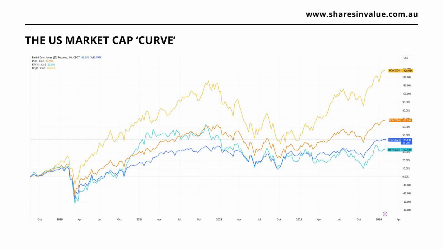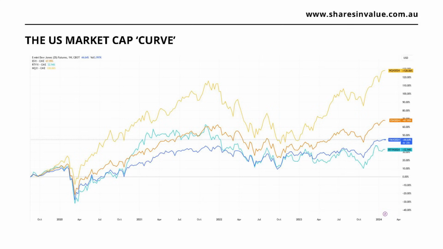You can see there that the NASDAQ and the S&P 500 have well and truly outperformed the small caps with the Russell 2000. I'll just draw your attention to the left-hand side of the chart. Early on, post-COVID, when interest rates got slammed right down, that small cap index actually went up harder than anything else. It was keeping pace with the big caps, and it was outperforming the S&P 500.